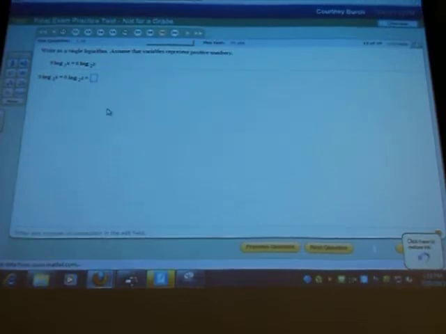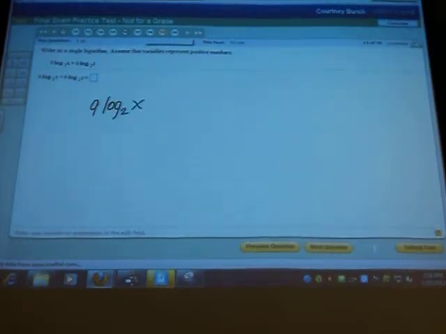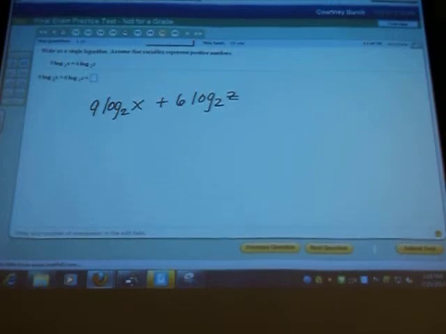Number 19, write as a single logarithm. 9 log base 2 of x plus 6 log base 2 of z. What do I do first? You need to combine the like terms. Before I can combine them, what do I have to do? You have to get them by themselves.